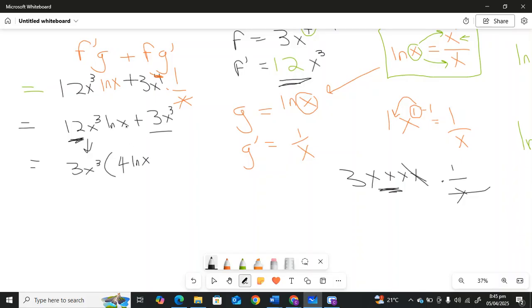This x in the natural log, don't try to cancel it out with anything. Okay, colleagues? Plus 3x cubed divided by 3x cubed, that is 1. So we can simplify our answer to this.